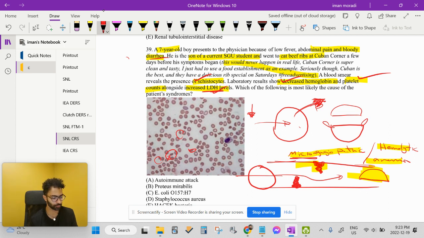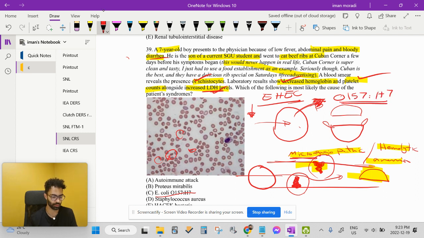Okay, so all these are explained by it. So now, why does this happen in the first place? The reason this happens in this case is because there is this bacteria, enterohemorrhagic E. coli, right? Or E. coli, which has serotype O157:H7, right?